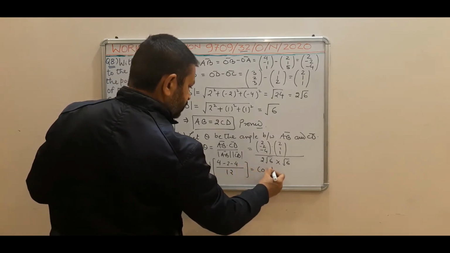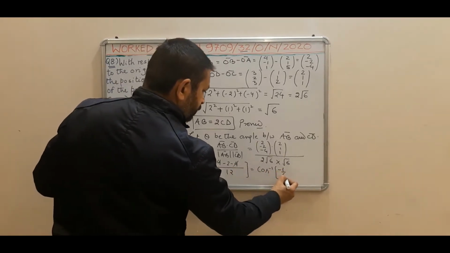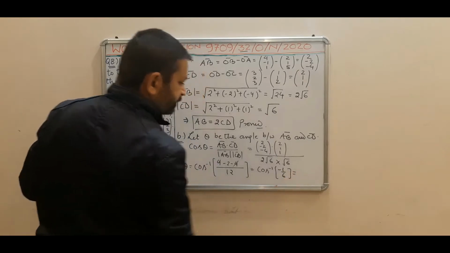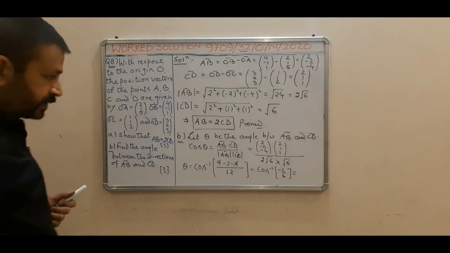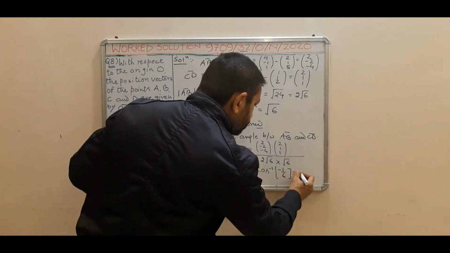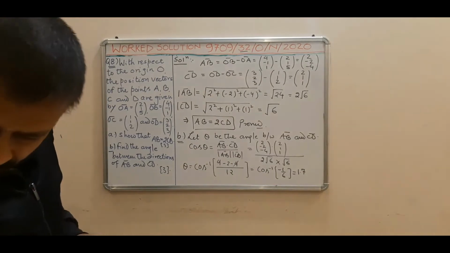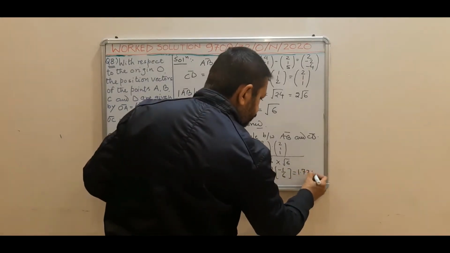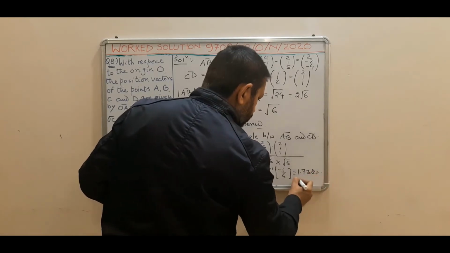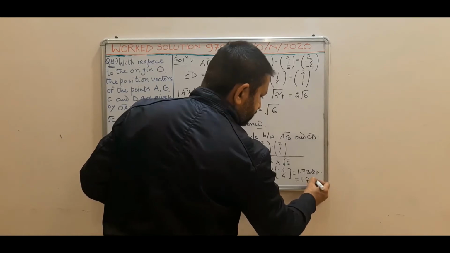It becomes cos inverse of minus 1 upon 6, which is 1.7382, or up to 3 significant figures, 1.74 radians.